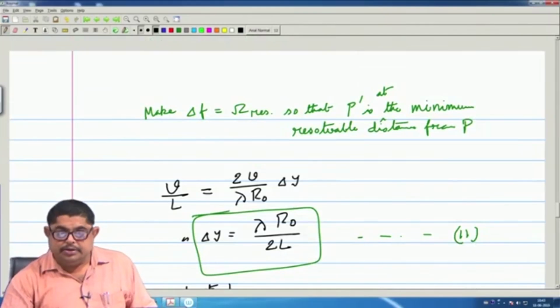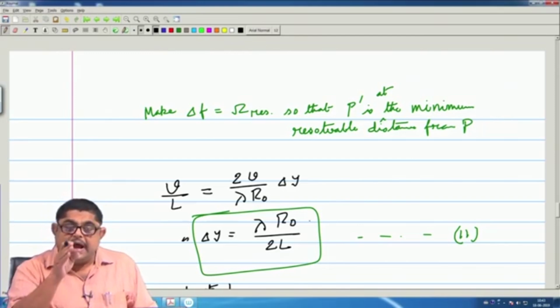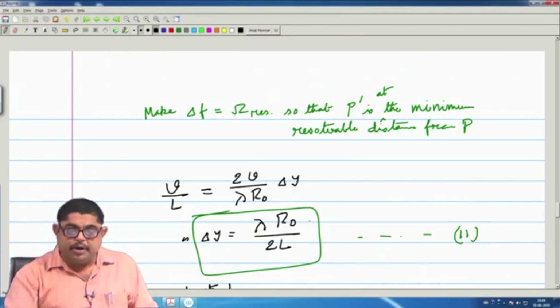But you see, here R naught is at t equal to 0 where you get this resolution, but at other points it is not R naught, it is R.